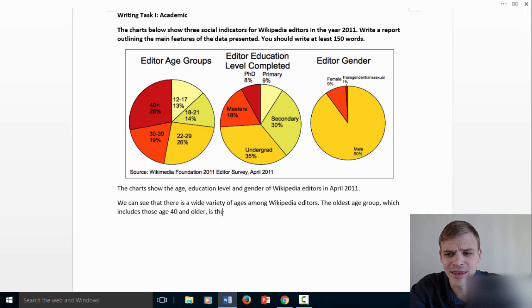So is also the largest age group. It's the oldest age group, and it's also the largest. That's kind of interesting to me. And you can put in parentheses if you want the percentage, 28%. Okay, that's something interesting. You know, there's something else that surprises me, so I'm going to put the word surprisingly.